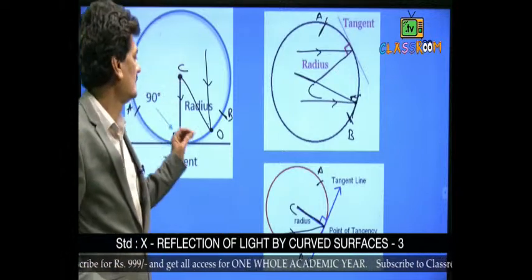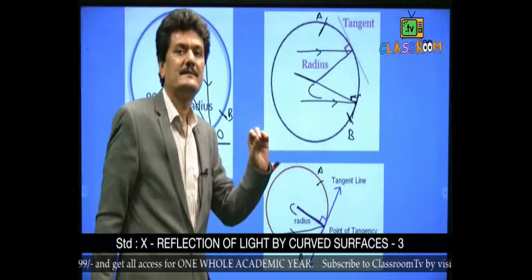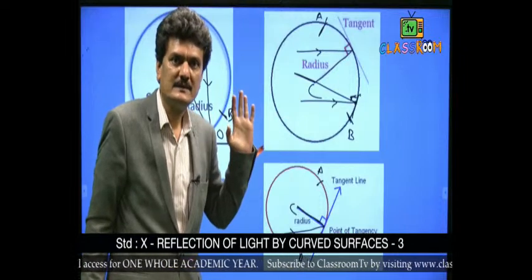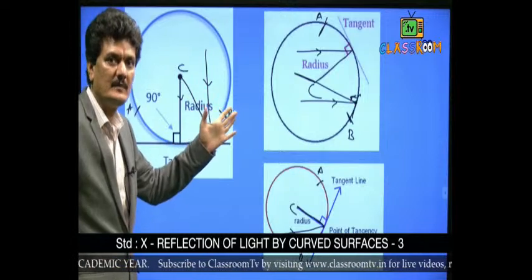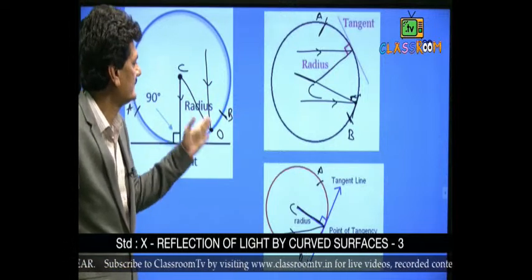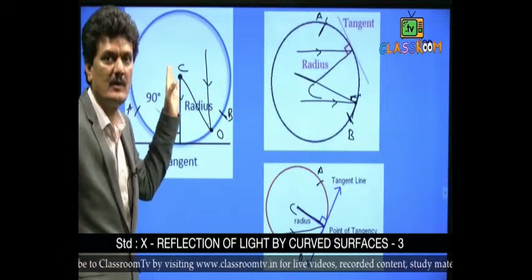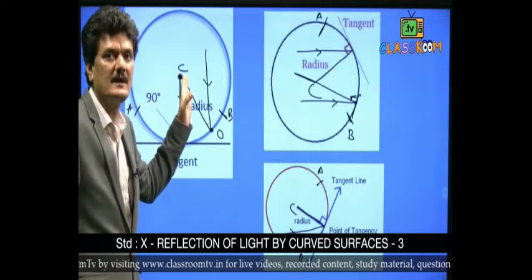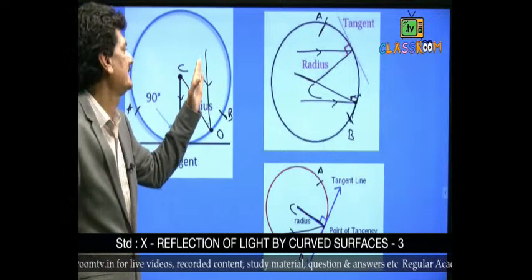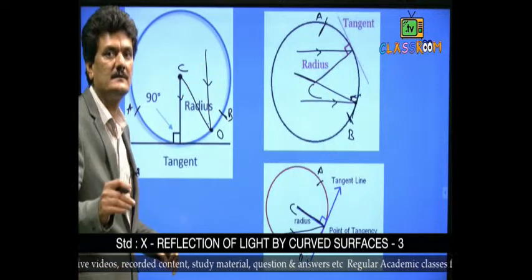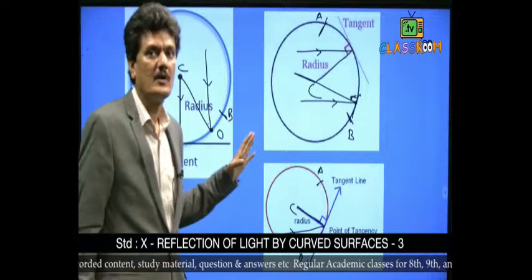In this way, we know that a line segment connects two points. Here we wanted to know the orientation of the normal. So we have located these two points, O and C. One common point is the center of curvature. Wherever the point of incidence might be, from there you join a line connecting with C, and voila, you get your normal.